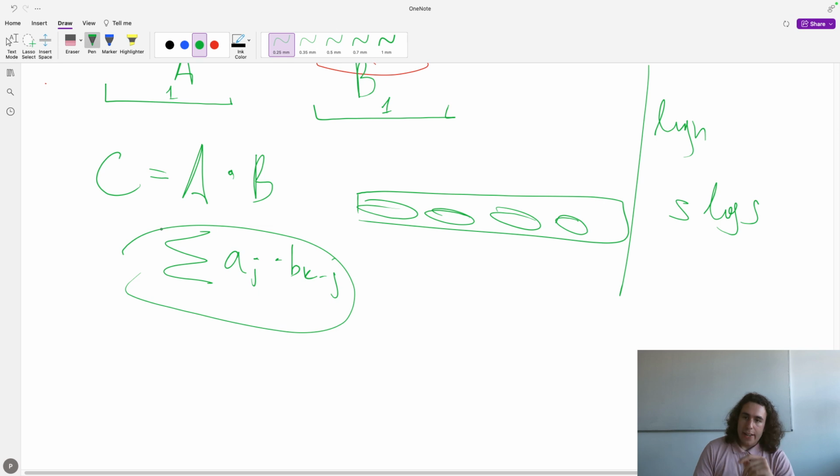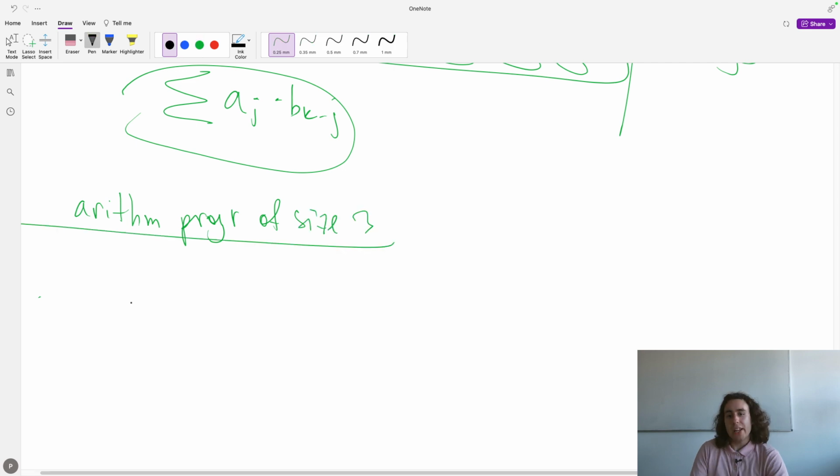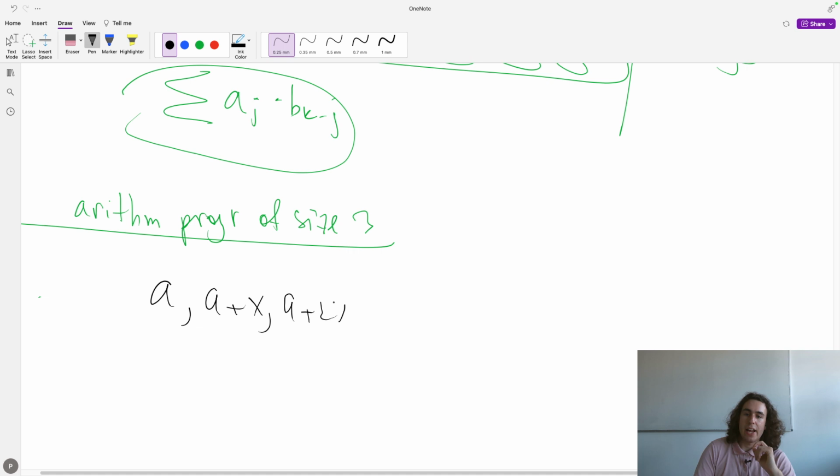Another simple problem I wanted to talk about is calculating the number of arithmetic progressions of size 3. So I have an array, and I want to find the number of triplets that look like A, A plus X, A plus 2X in this array. How to do that?